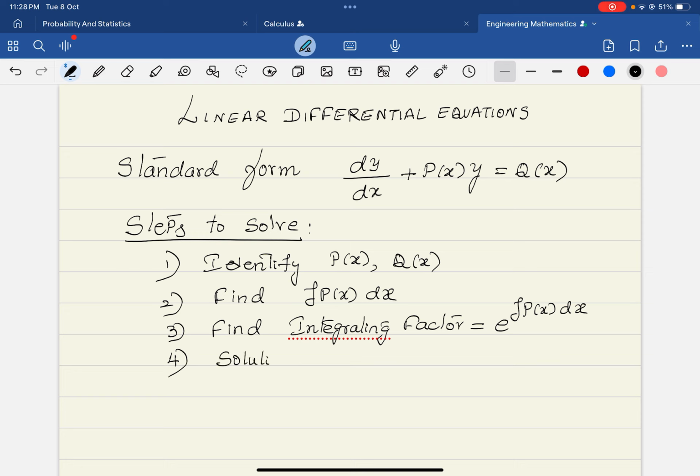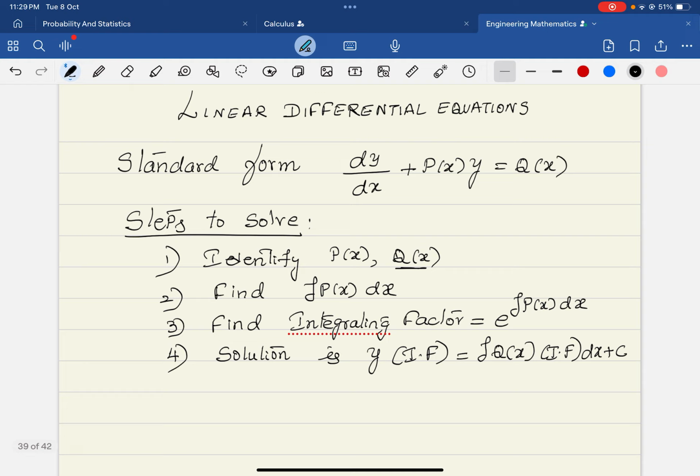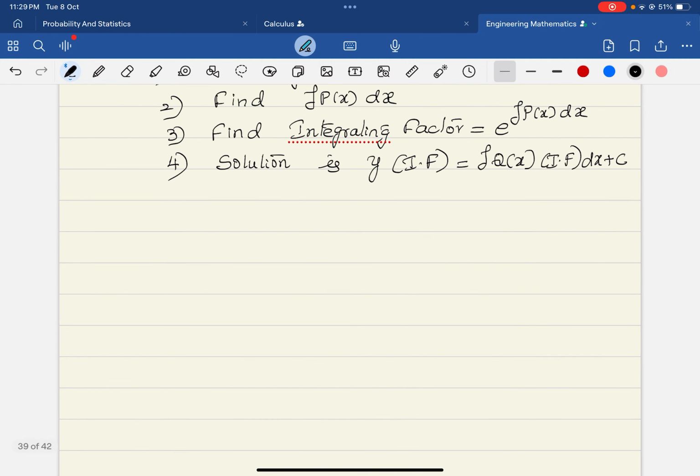So the solution is y times whatever the integrating factor you get, that is equal to integral of the right hand side, that is q of x times integrating factor into dx, plus the constant. So these are the steps involved to find the solution when the given equation is a linear differential equation. Let us now solve one problem.